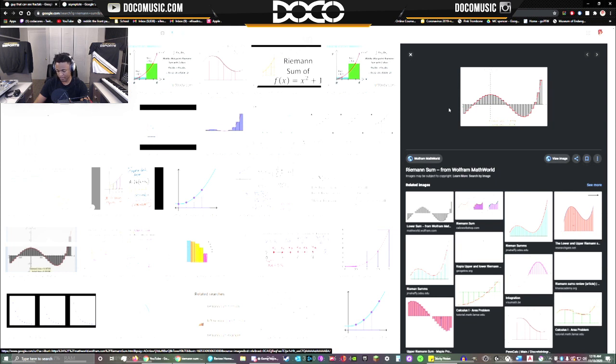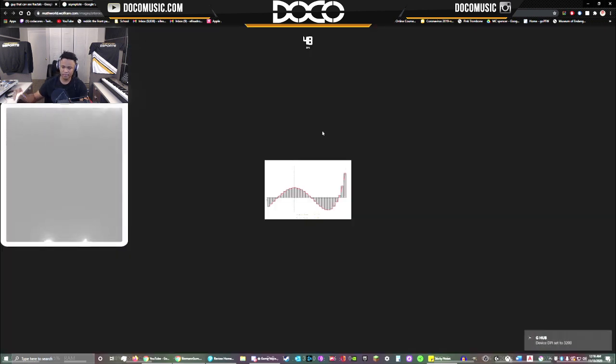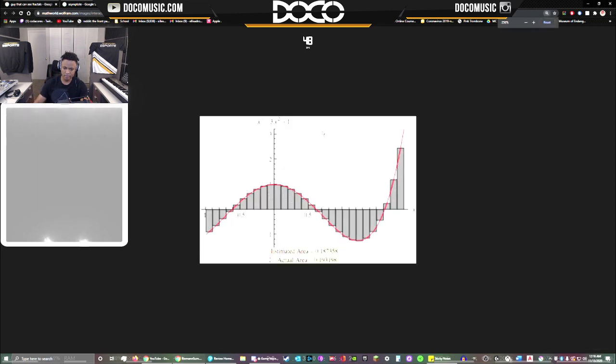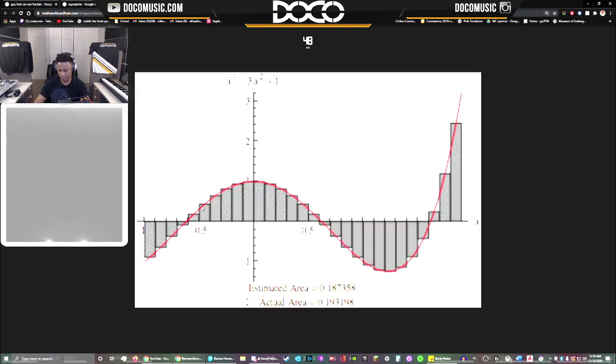The thing that calculus does here is, you see these chunky bits? They're not very fine, so they go over in some places and under in others. Because of that, you're not getting an exact value. The actual area is estimated, you get that.